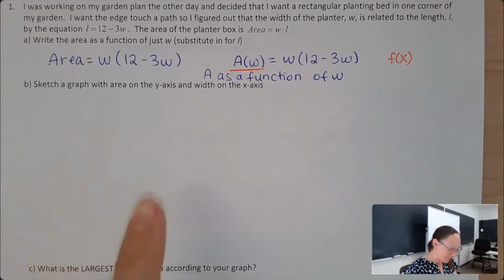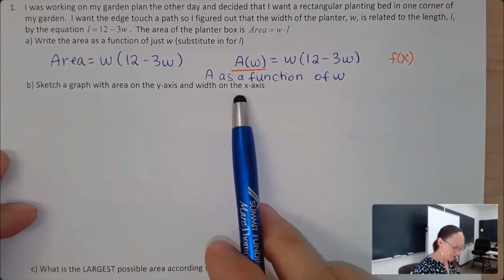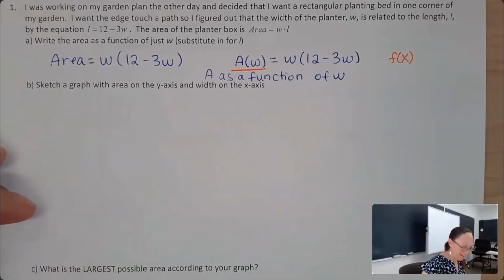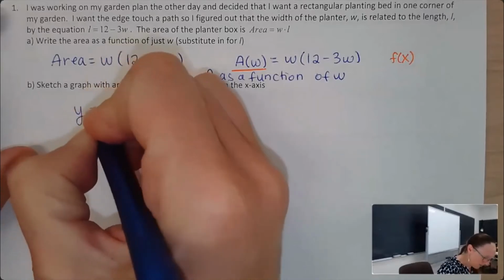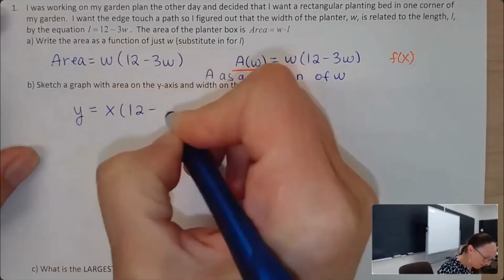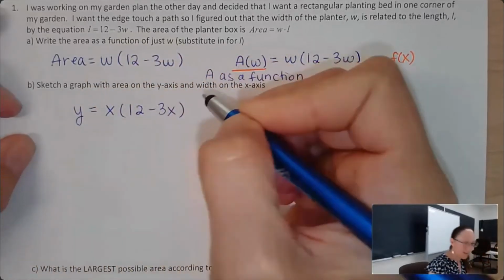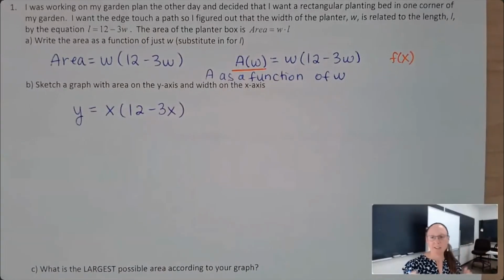So the first thing that I'm asking us to do is sketch a graph where area is the y-axis and width is the x-axis. So if you want, you can go ahead and even just switch the variables like that. So if we switch the variables to make it say y is equal to x times 12 minus 3x, I'm going to give you all a couple minutes to sketch a graph of that. Doesn't have to look perfect, but get a quick sketch going for that.